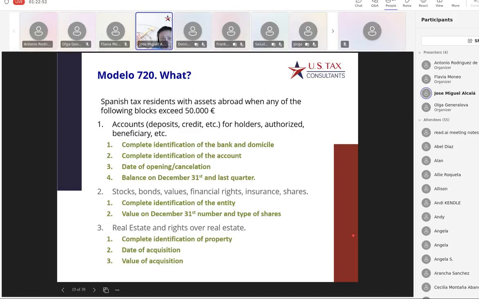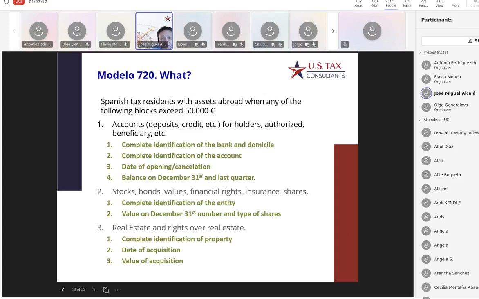What we have to do here is we have 2 values to declare in the 720 for the bank accounts. The first value is going to be the balance of these bank accounts by the end of the fiscal year. And the second value has to do with the average balance of the last quarter of the year.